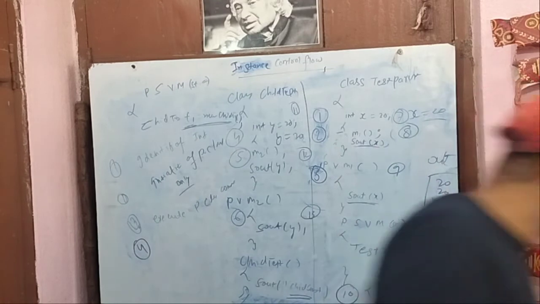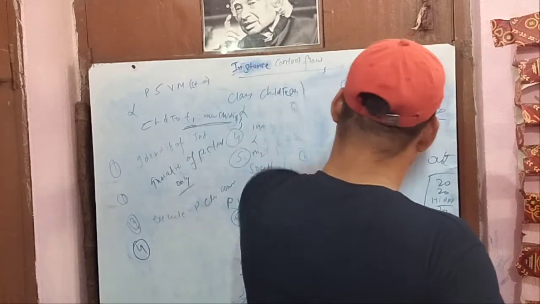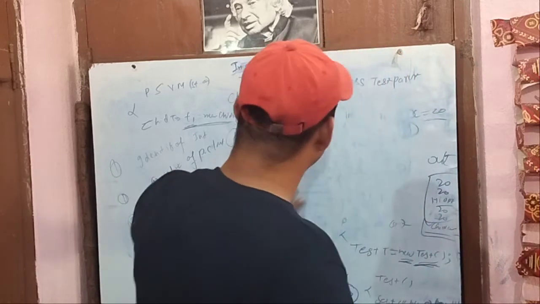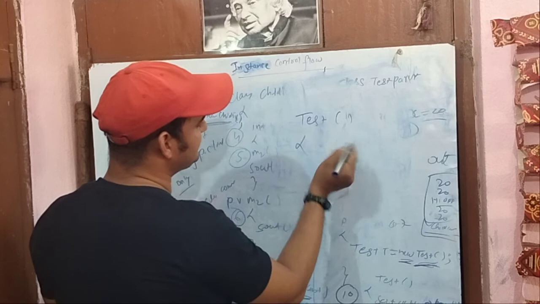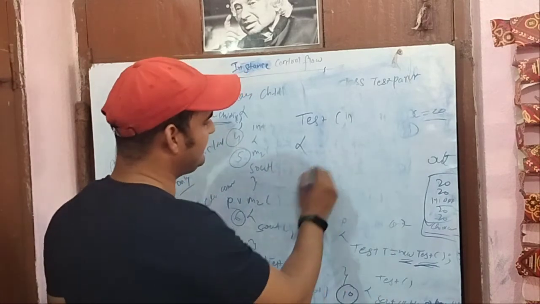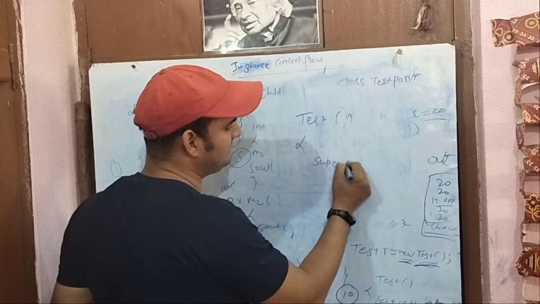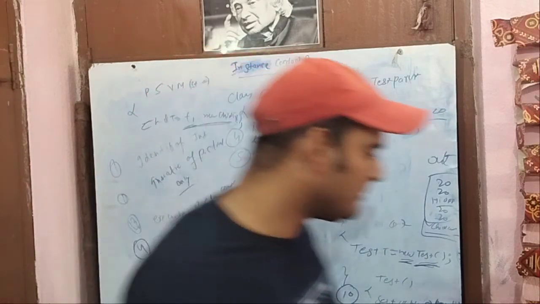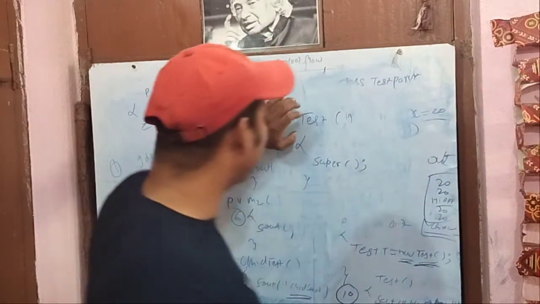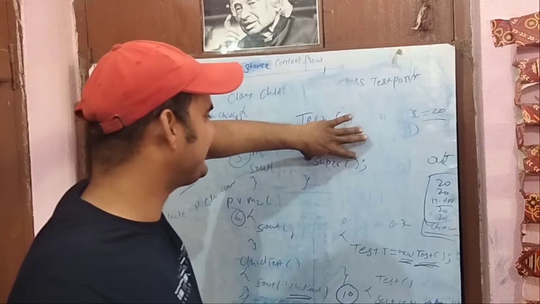You might have seen one thing. When we write a constructor, let's suppose test is a class, the first line inside the constructor should be super() or this(). So what does super() mean? When we execute the child class constructor, first of all we call the parent class constructor.